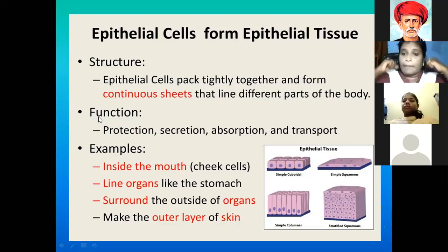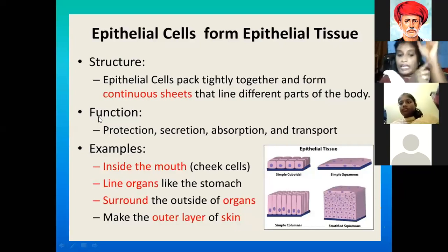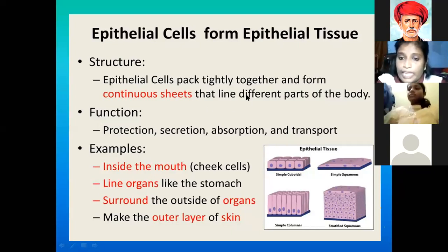Next, the main functions are protection, secretion, absorption, and transport. The main examples are the inside of the mouth, cheek cells, lining of organs, surrounding the outside of organs, and making the outer layer of the skin. This is how to identify epithelial tissue. Shall I move to the next slide?